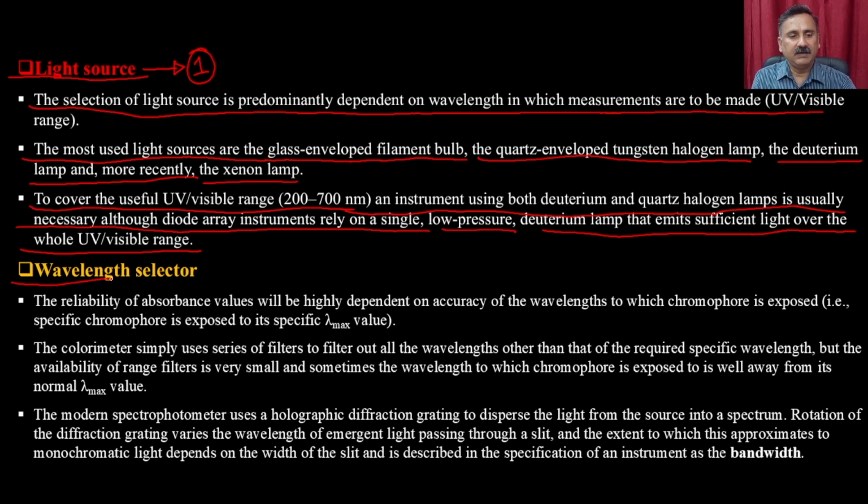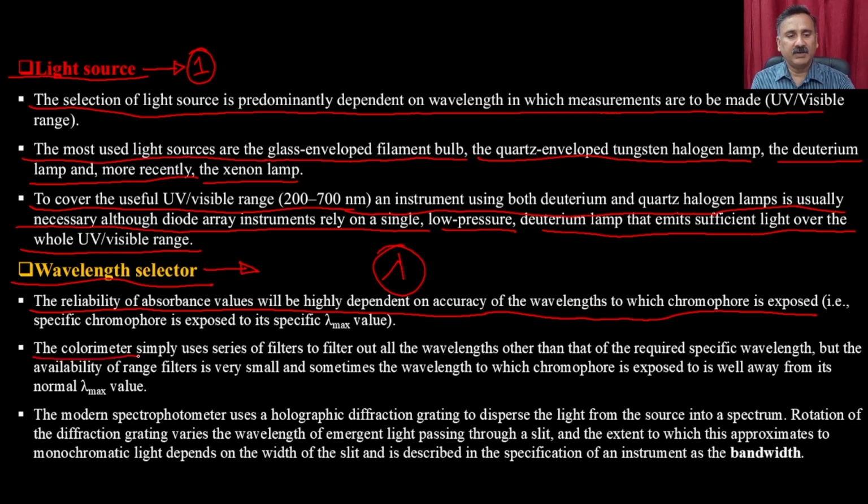Then we have the wavelength selector. So this is called the diffraction gratings, right, or the prisms. The reliability of the absorbance values will highly depend on the accuracy of the wavelength to which the chromophore is exposed. That is the specific wavelength, right. So selection of the lambda is very important, and that's why the wavelength selector is a very, very important component of the spectrophotometer.